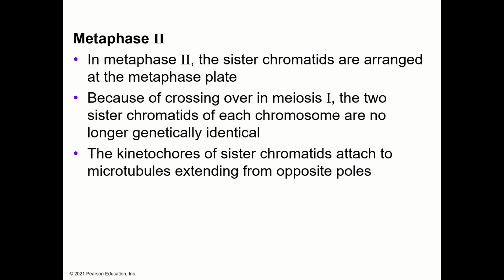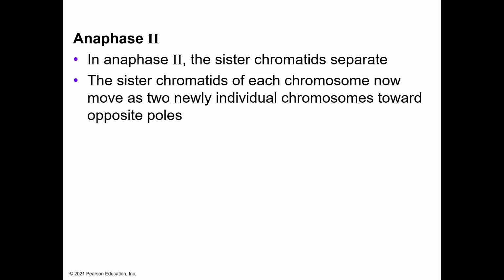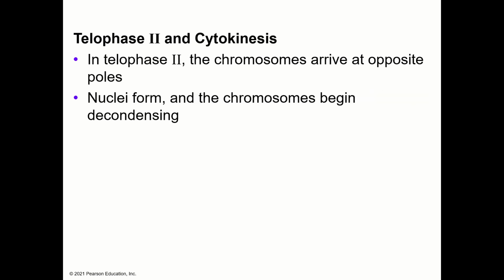The kinetochores of sister chromatids attach to the microtubules extending from opposite poles. In anaphase II, the sister chromatids separate. The sister chromatids of each chromosome now move as 2 newly identical chromosomes toward opposite poles. In telophase II, the chromosomes arrive at opposite poles. The nuclei form and the chromosomes begin decondensing.